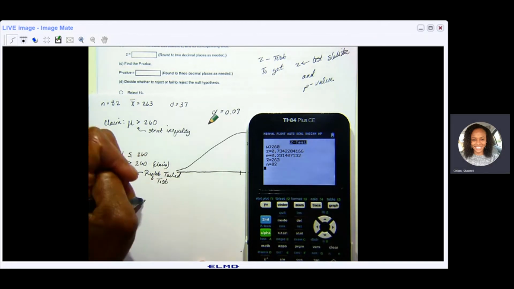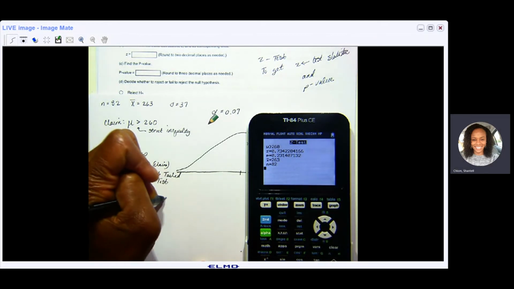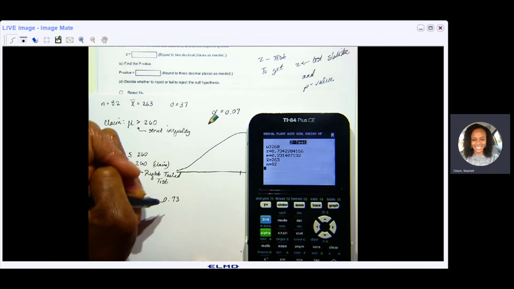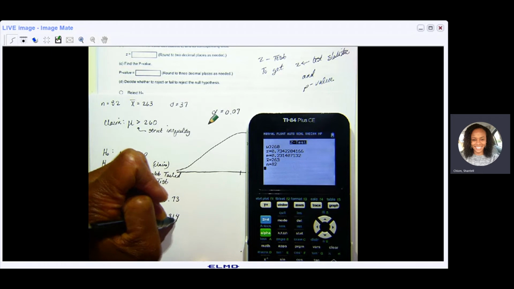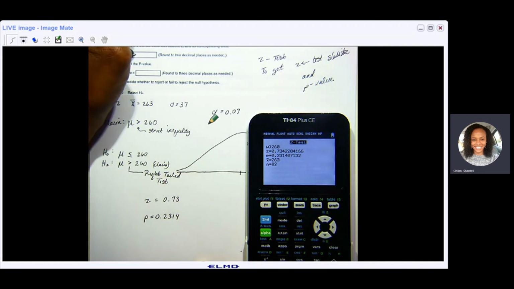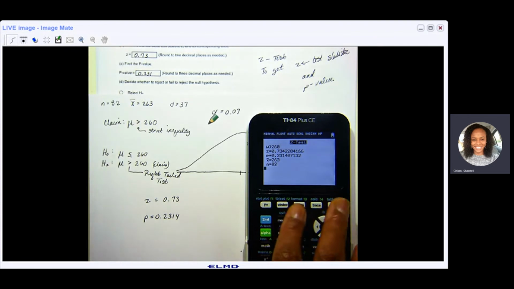So our z test statistic is 0.73, and our p-value is 0.2314. So z rounded to 2 decimals is 0.73. Our p-value rounded to 3 decimals is 0.231.